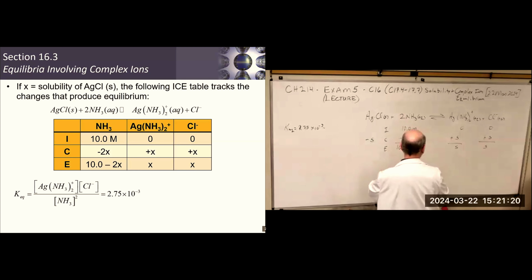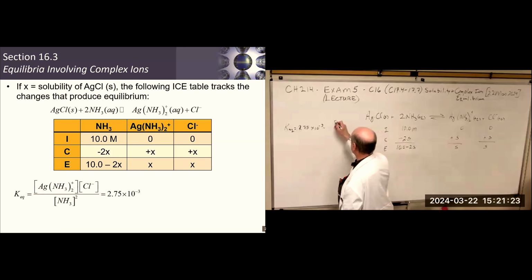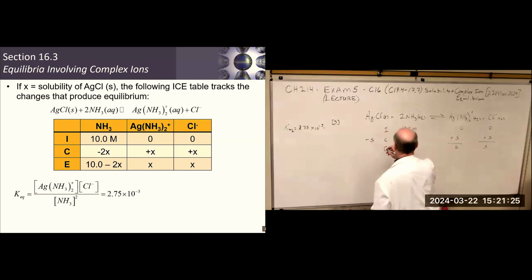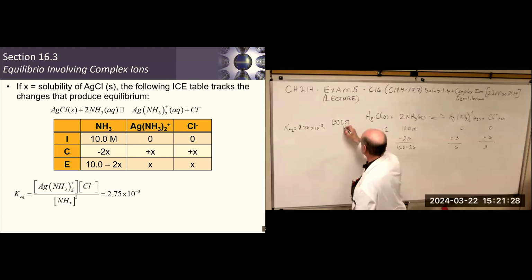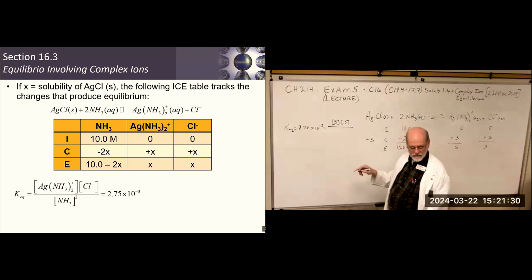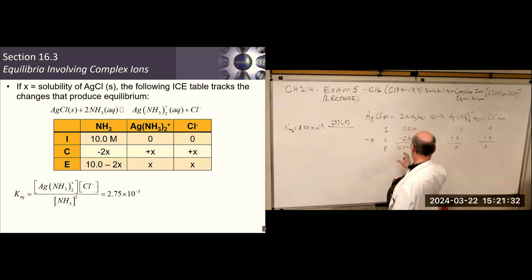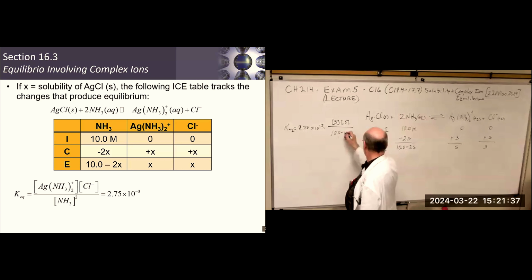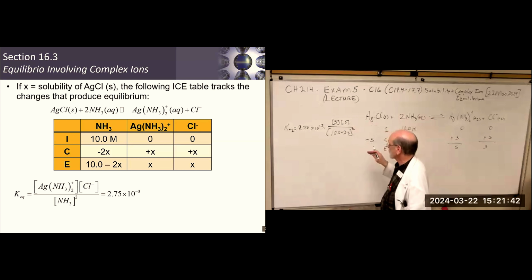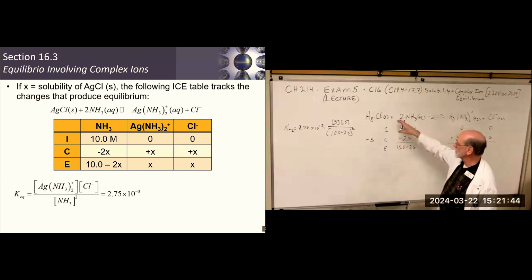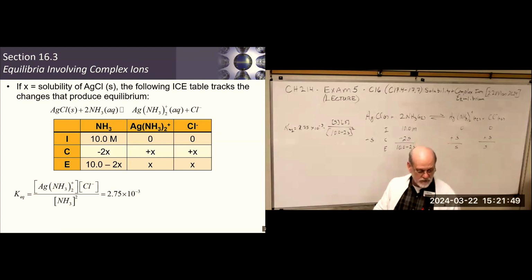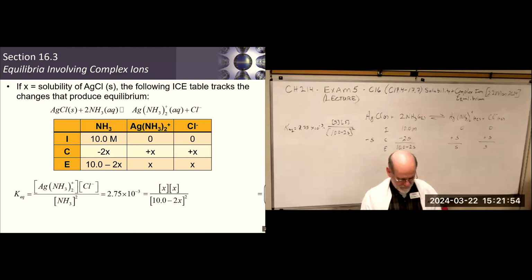But if we take this one, S, this one, S, and then down here we have ammonia squared, 10 minus 2S squared. That would be your expression for finding the solubility of silver chloride when you have a 10 molar ammonia solution added to it. There we go.